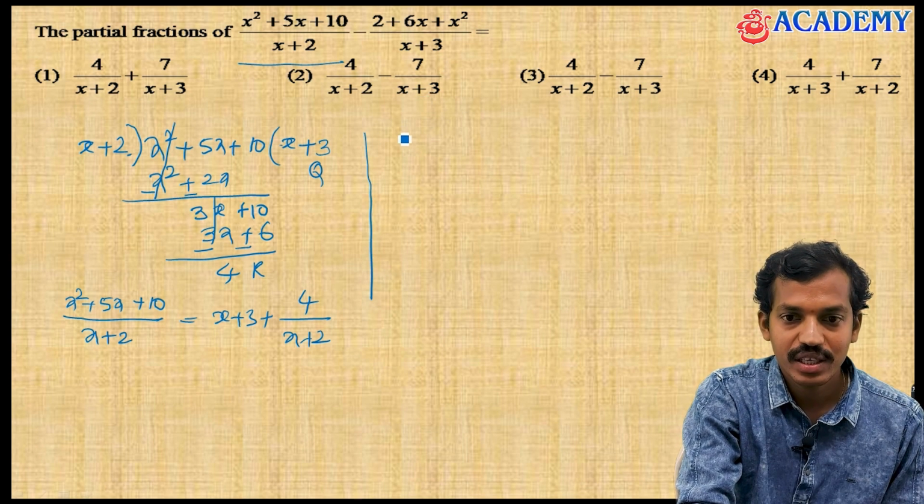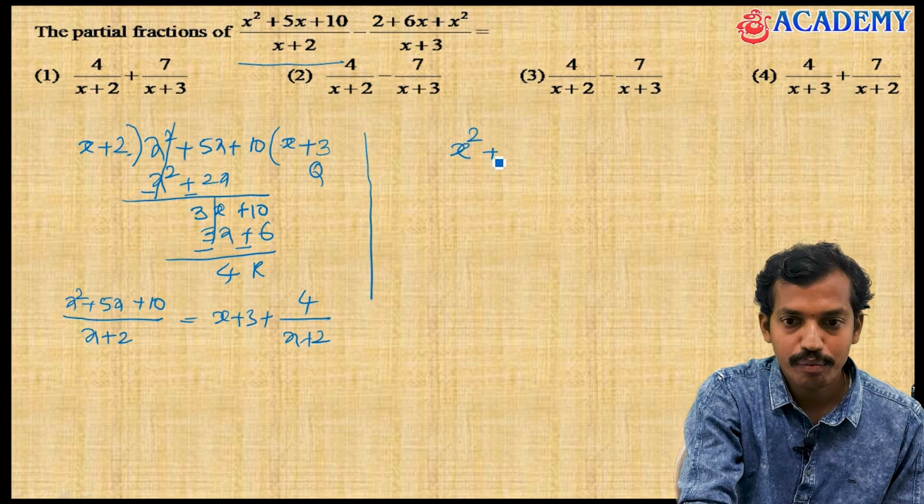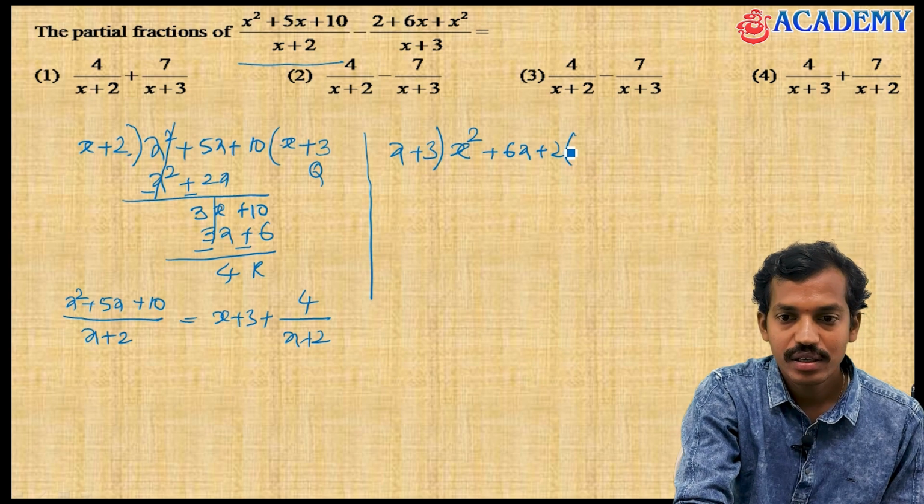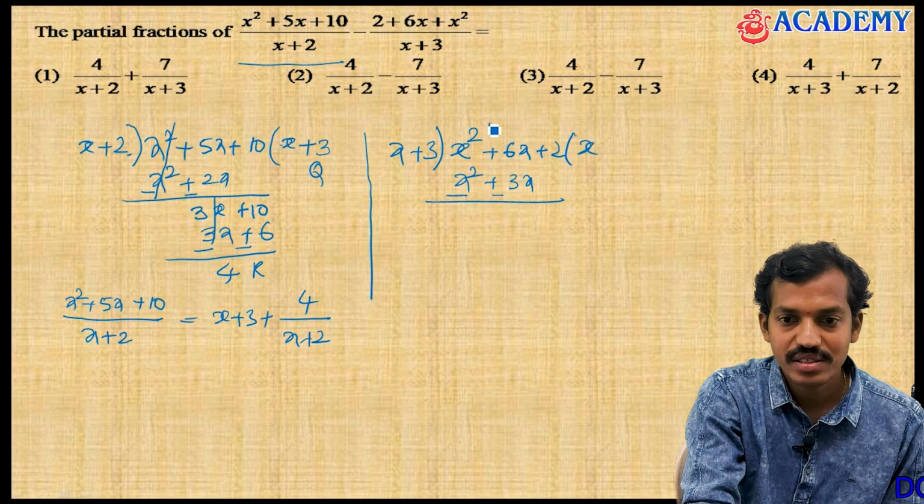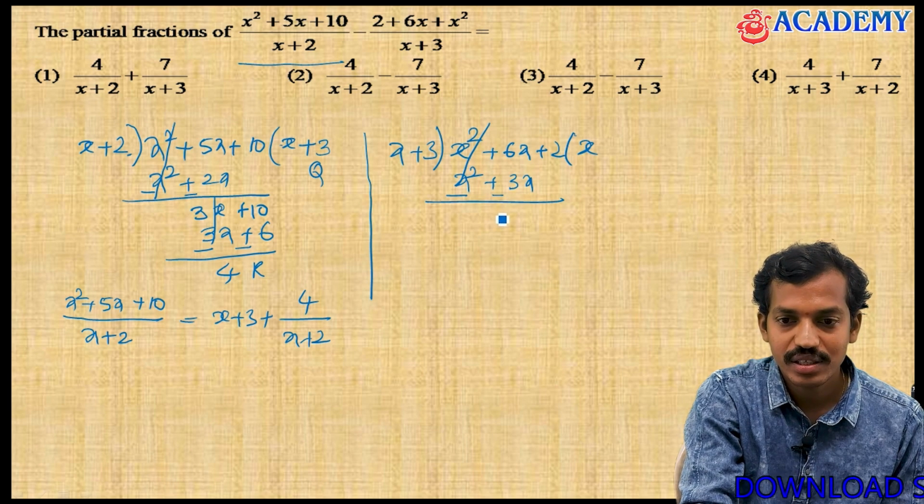Once again I am taking the other equation, x square plus 6x plus 2 dividing with x plus 3. Here x into x gives x square, so I am multiplying with x, and it gives plus 3x. Once again signs change: 6x minus 3x is 3x plus 2.